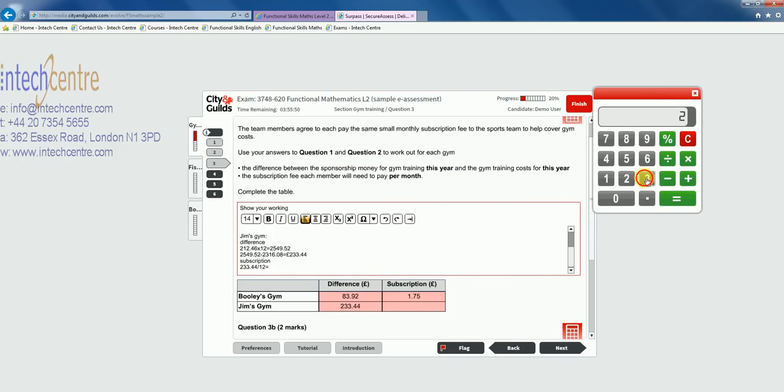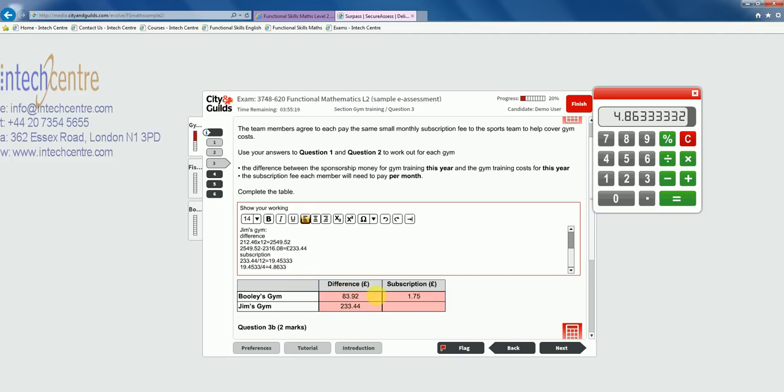So 233.44 divided by 12 gives us 19.45333, and then that divided by 4. You could alternatively just divide it by 48, as 12 times 4 makes 48. So divided by 4 gives us £4.86.